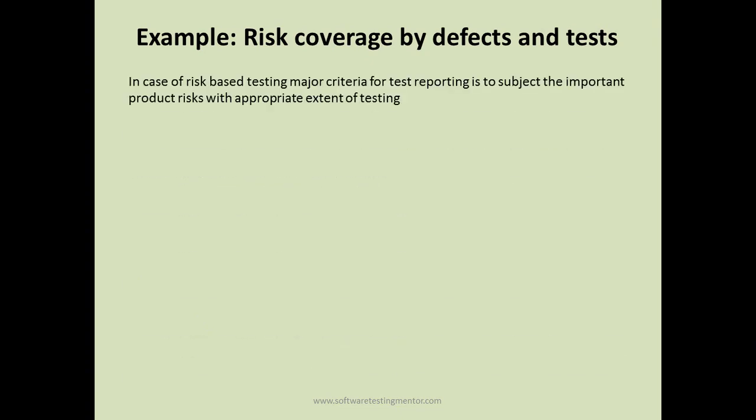So in case of risk-based testing, the major criteria for test reporting is to subject the important product risks to an appropriate extent of testing. So if you are doing risk-based testing, what will be the major criteria for test reporting? It will be that you subject the product risk to appropriate extent of testing.